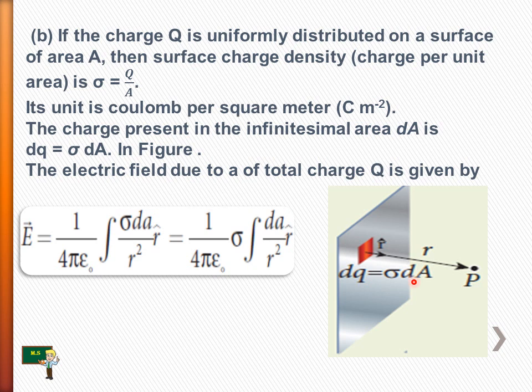Here we put this sigma instead of lambda or dq. In the former explanations we used lambda and dq, but to find the surface charge density, we have to substitute sigma, and the last expression was 1 by 4 pi epsilon 0 sigma integral of dA divided by r square.